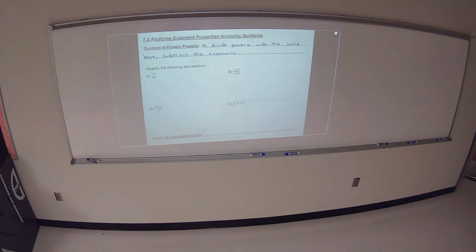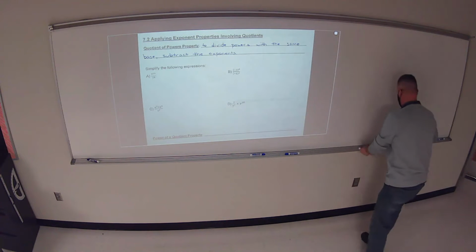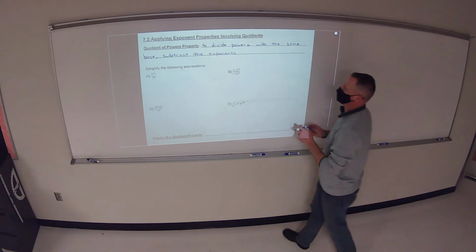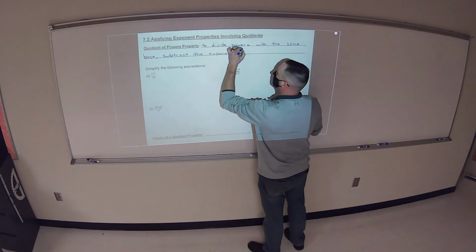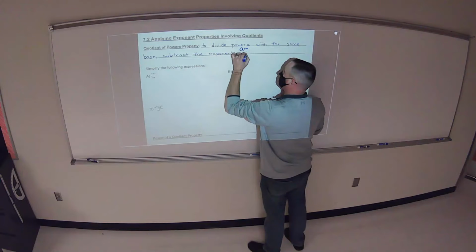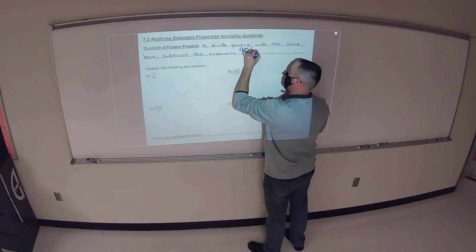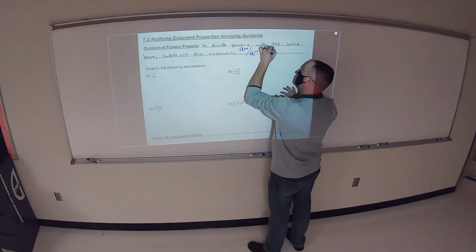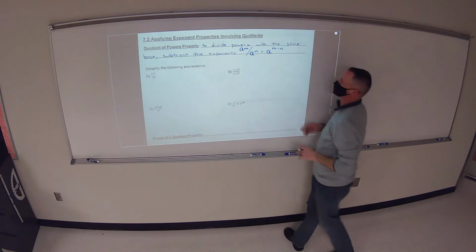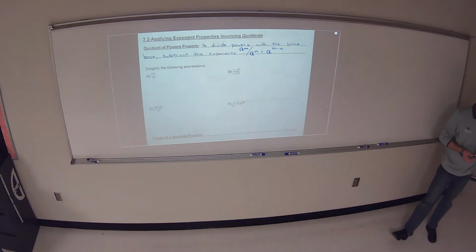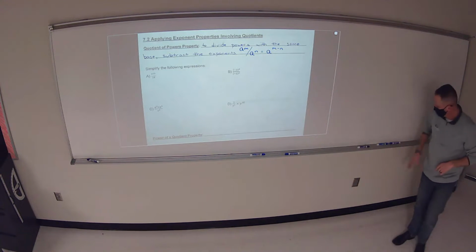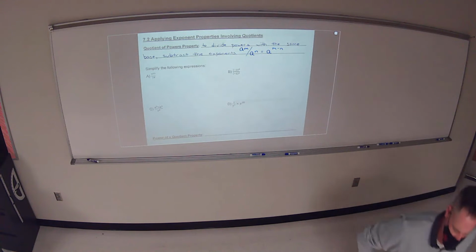And then we'll write a generic rule for this so you can see it actually being applied. If I have a to the m power divided by a to the n, this will become a to the m minus n power. So that's how we're going to see it in an application problem.